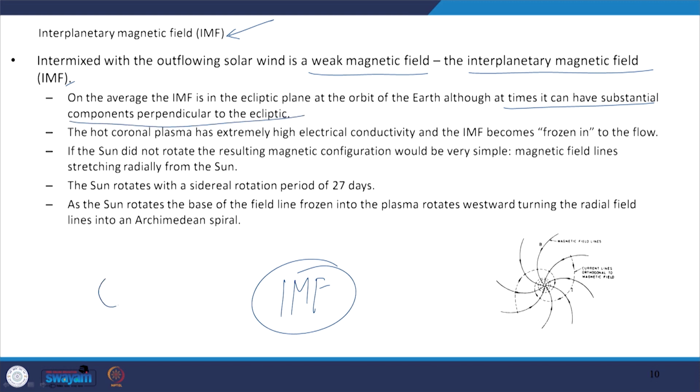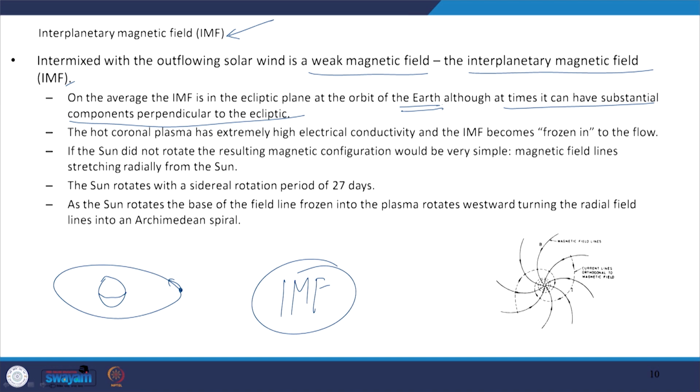So, if you consider the sun to be this and the Earth to be this, this is the ecliptic plane over which the Earth rotates around the sun, like this. The interplanetary magnetic field is in this particular plane, which I am not able to draw because of this limitation. We are not looking from the perspective of, let us say, the top; rather, if this is the equator now, generally it is ecliptic at the orbit of the Earth, but it can have substantial components.